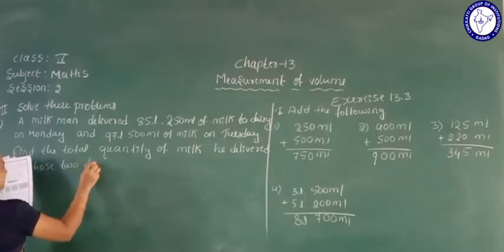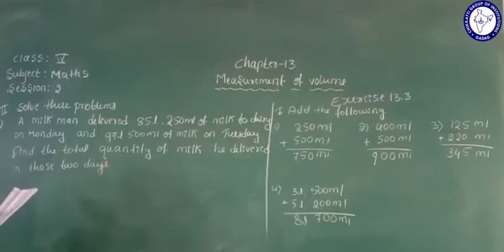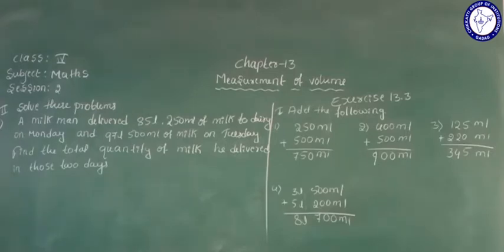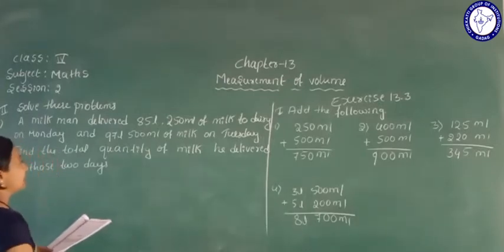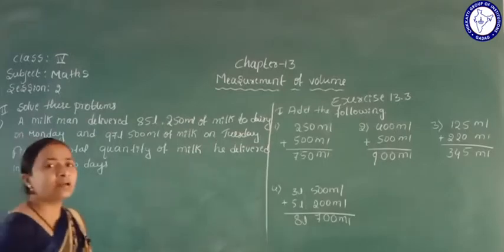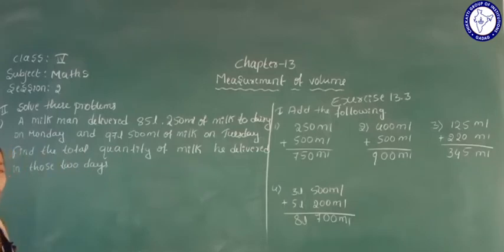Here we understand a milkman delivered 85 liter 250 ml of milk on Monday to a dairy, and on Tuesday 97 liter and 500 ml of milk. So we can find the total quantity of milk he delivered considering these 2 days.